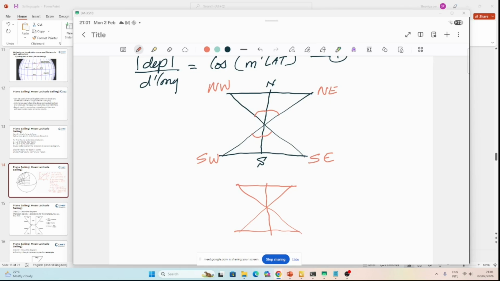So I will do it one more time. You draw the cross, draw north and south, draw east and west. That's it.